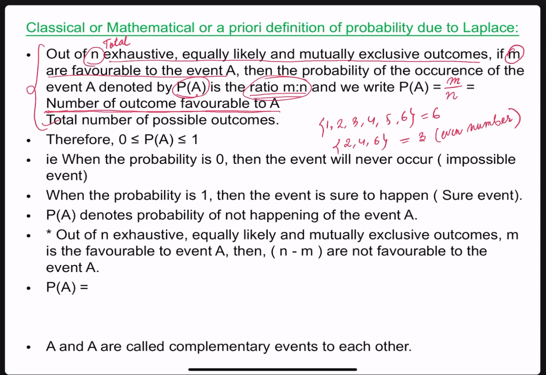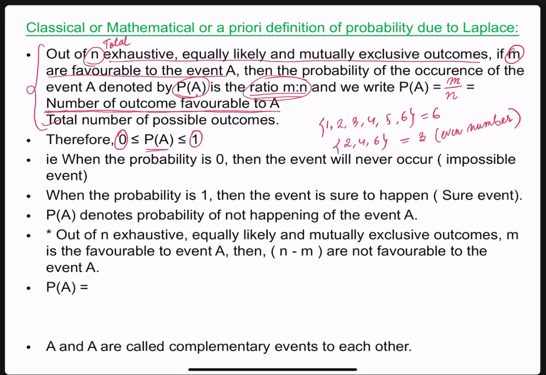Now I would like to tell you that the value of any probability will be between 0 and 1. It will always be between 0 and 1. It will not be 2 or negative. So how to read this? The probability of an event A is greater than or equal to 0, but always less than or equal to 1.